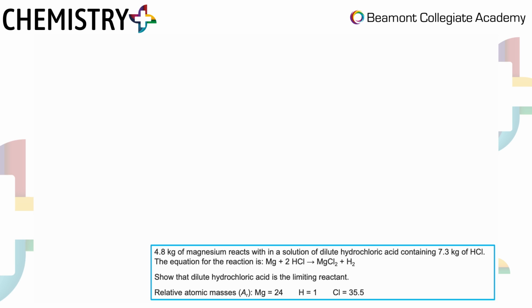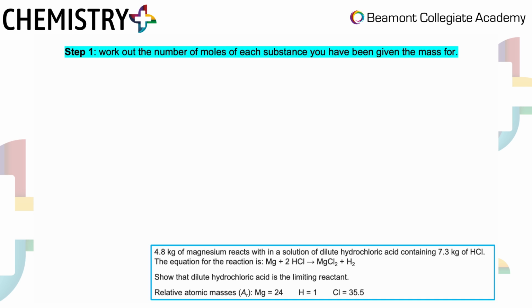Again, we have the information at the bottom of the screen so that we can keep referring back to it. Step 1, we're looking at the number of moles. Remembering again that mass is going to be in grams.